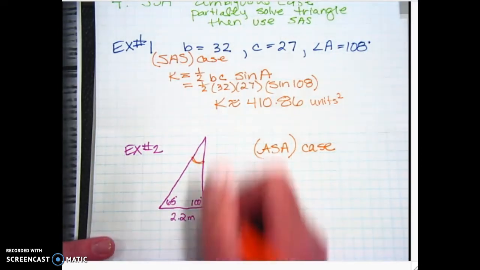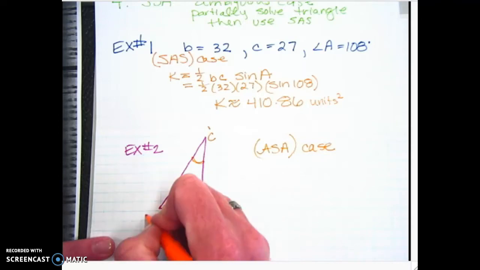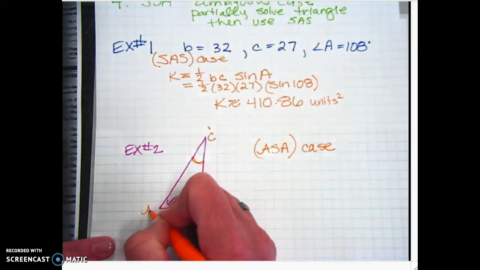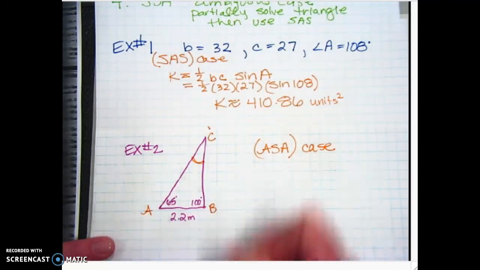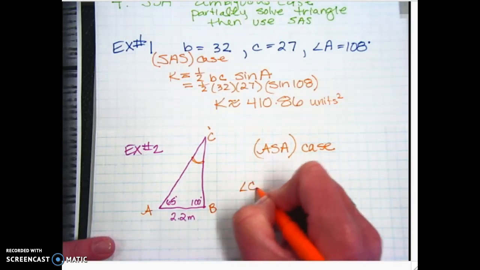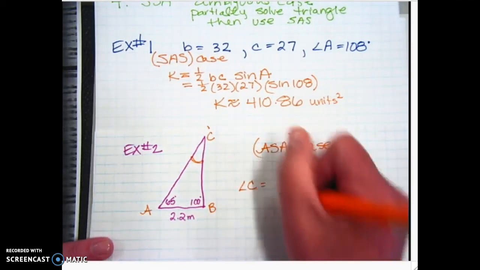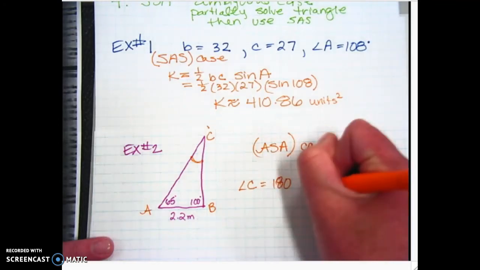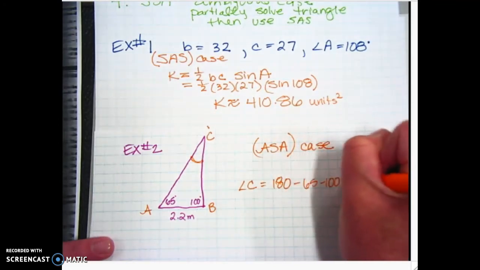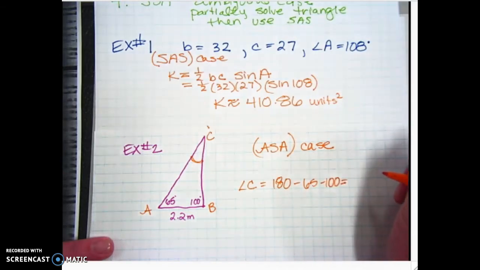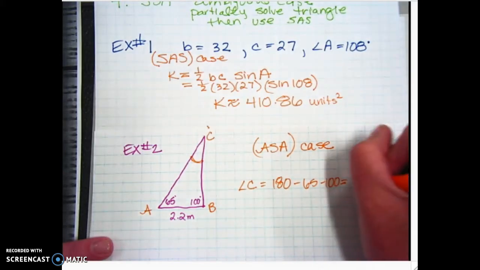Let's call this C. So we'll call this one A and we'll call this one B. How do we get angle C? Okay, yeah. So you just take the 180 minus the 65 minus the 100. I got 15.